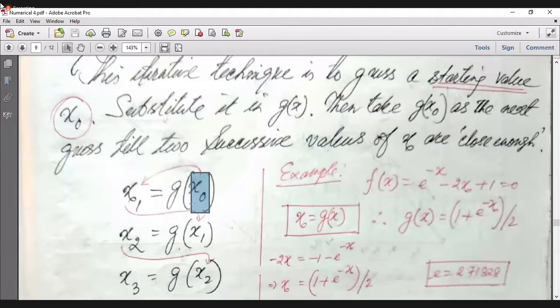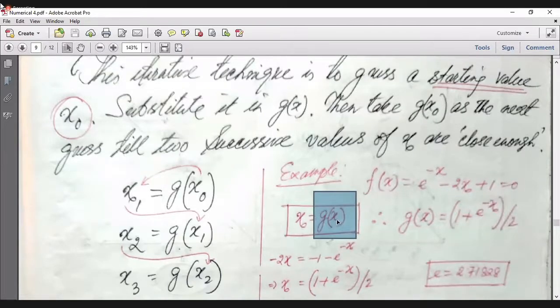You take x naught and substitute it into this g. What is g? This is our given function. As I told you, x equals g of x. When we put x on the left side, the remaining term on the right side represents our new function g of x.